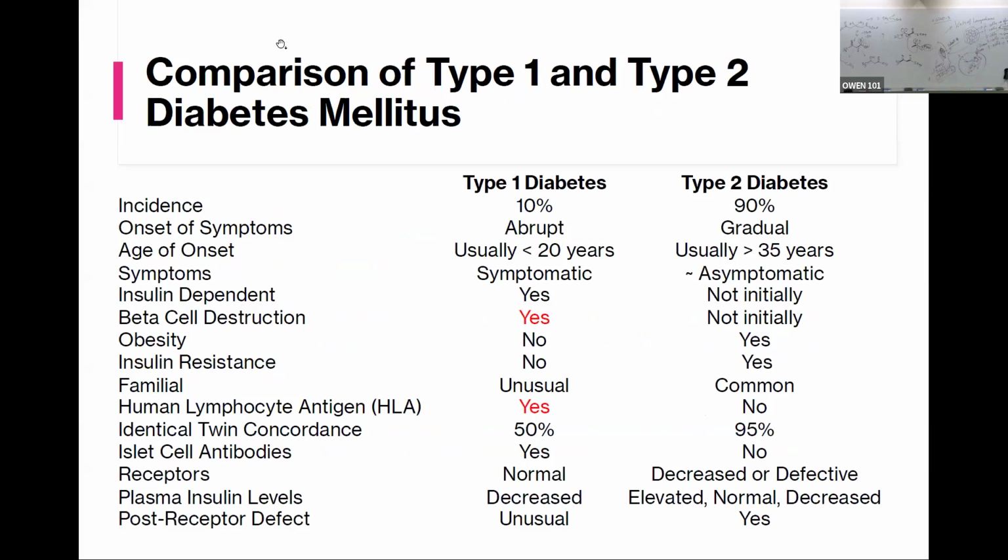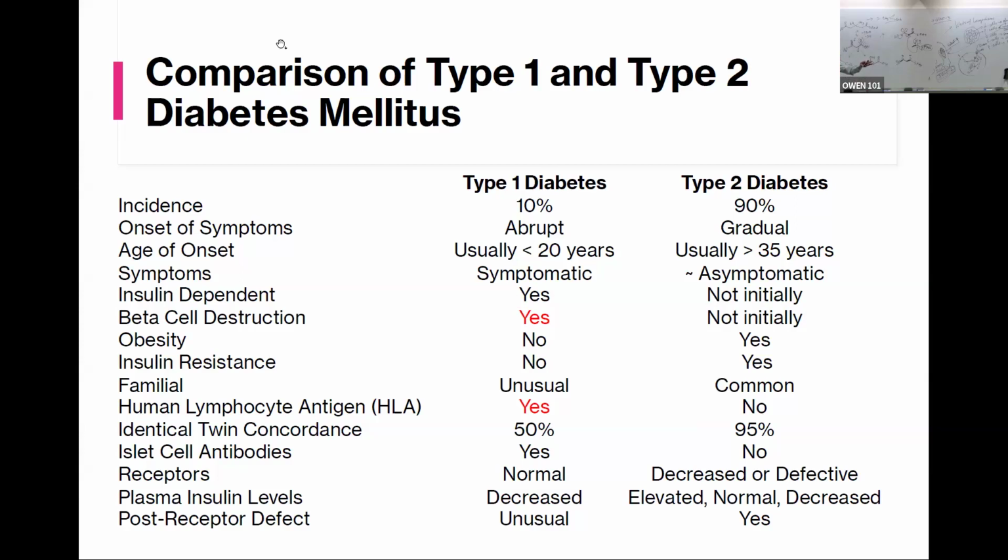So obviously, I'm sure many of you know this already. Type 1 diabetes, 10% of incidence. Type 2 diabetes, a lot of people have type 2 diabetes, 90%. The onset of symptoms, as I mentioned, in type 1 diabetes is very quick.